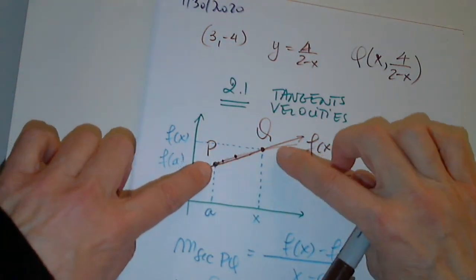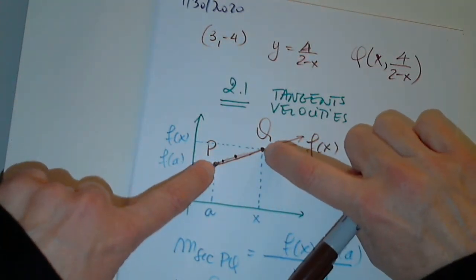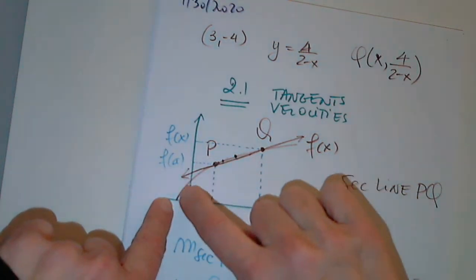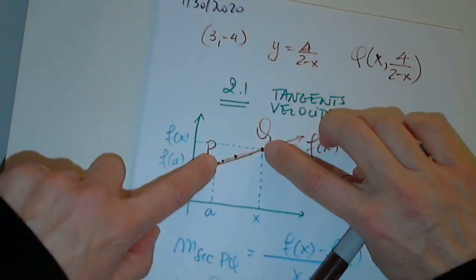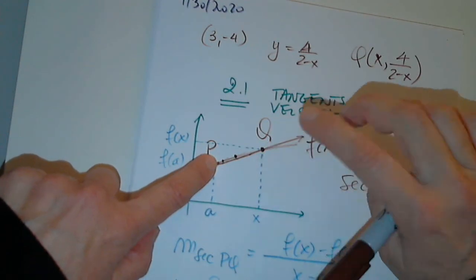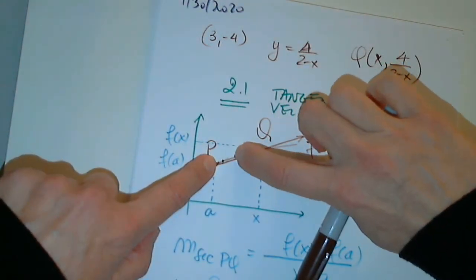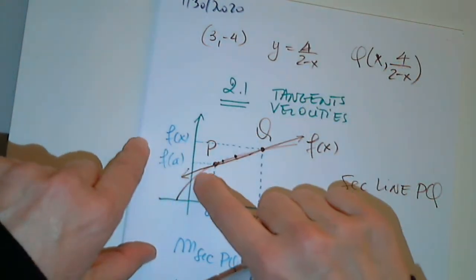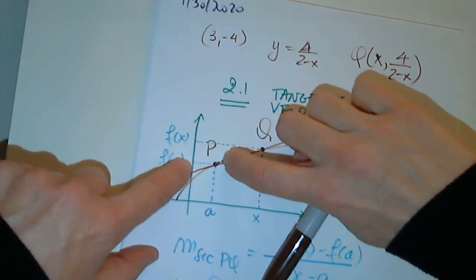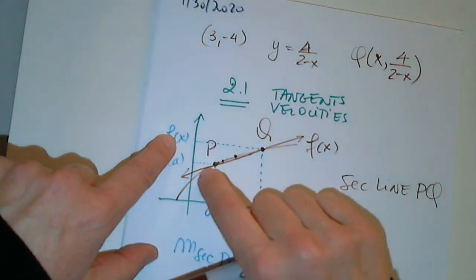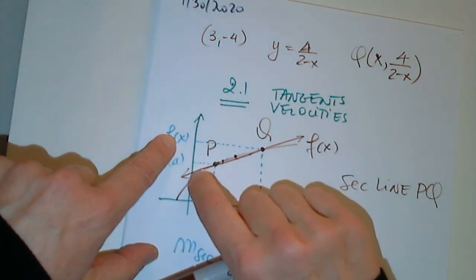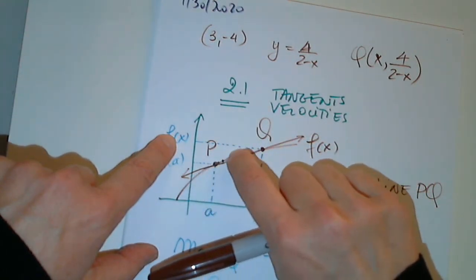I'm not giving you 2 points so you can determine the tangent at P, but I'm giving you 2 points on the graph, and I say, if Q is here, we get a different slope. If Q is here, we have a different slope. But if Q is very, very close to P, I could say that that will become the tangent at P.